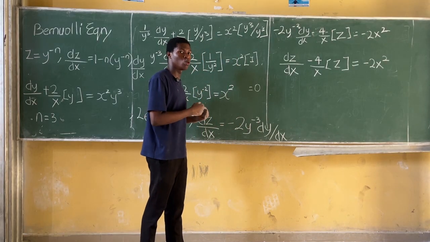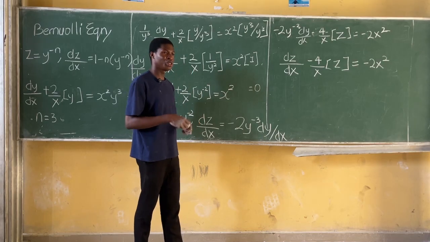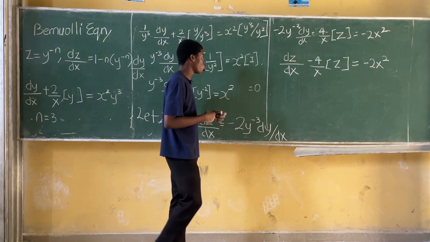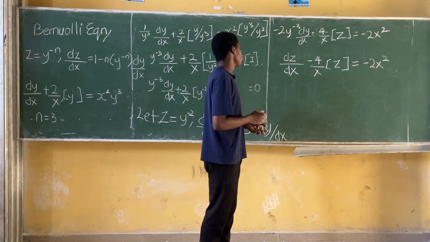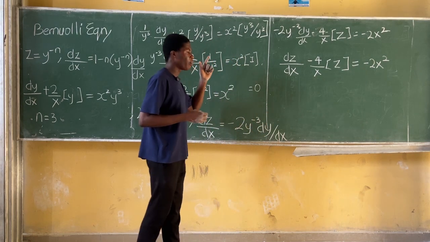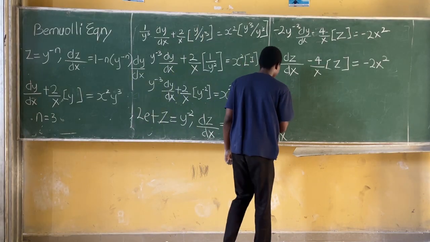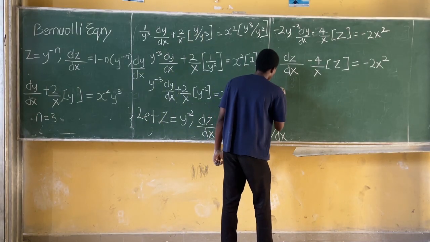I'm going to show you how to use the integrating factor method to walk through this without going through a slower, sloppy method. So now, using the integrating factor, we are going to compare this equation to the standard equation. Let me write out the standard integrating factor equation.